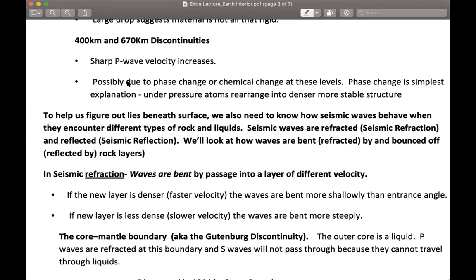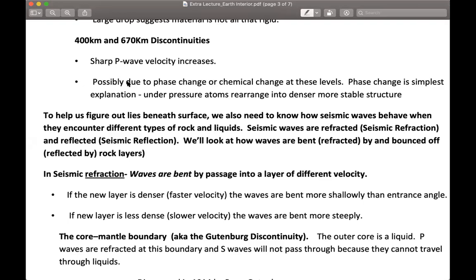attributed, and even experimentally it has been proved, that this is not because of a change in layer, right? The previous discontinuities were entirely because of a layer change, that means crust and mantle. But here we are still within the mantle, right? The lower part of the mantle now. 400 kilometers means still within the mantle.